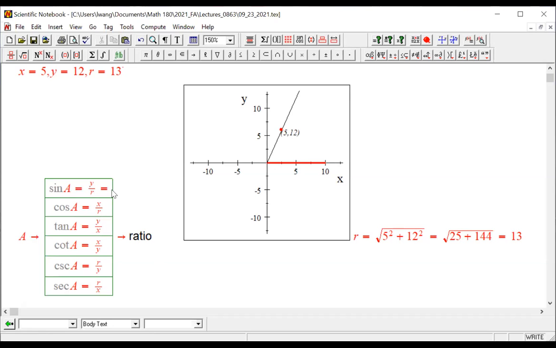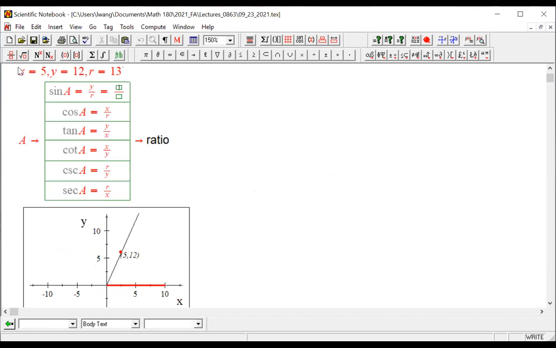So what is y over r? That's 12 over 13, right? What is the cosine of the angle? What does it equal to? x is 5, so 5 over 13, right?